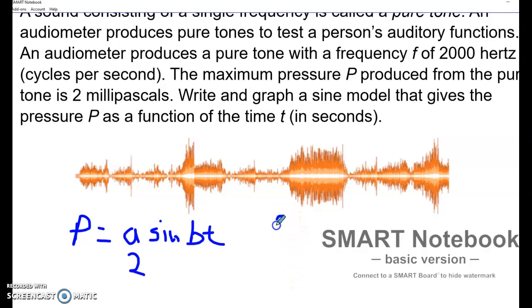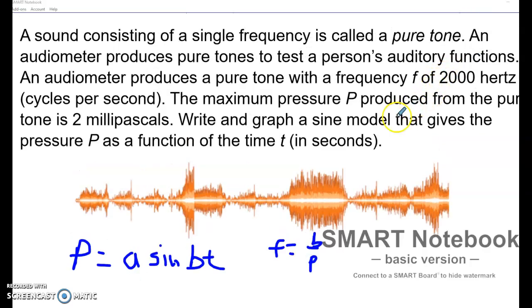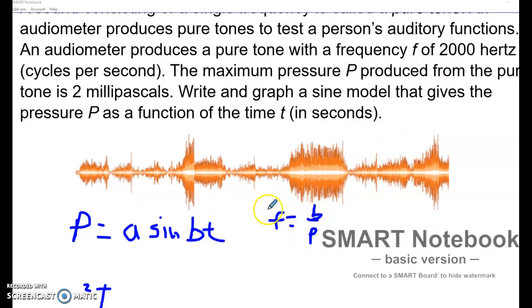because we know that the frequency is equal to 1 over the period. So if the frequency is 1 over the period, then we could think of that as being the inverse of the period. So instead of 2 pi over B, it would be B over 2 pi.